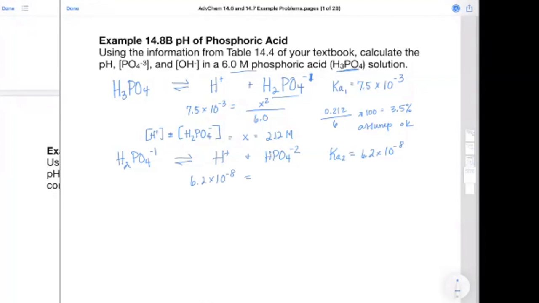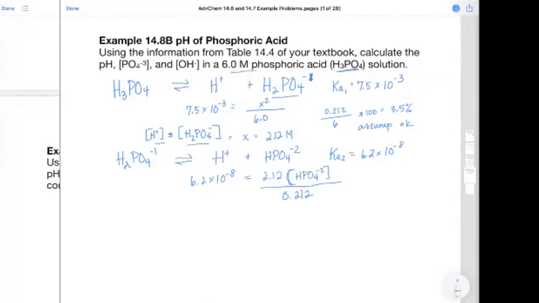Of the products, we know the hydrogen ion concentration is 2.12. We don't know the HPO4 concentration, so that will be an unknown value.